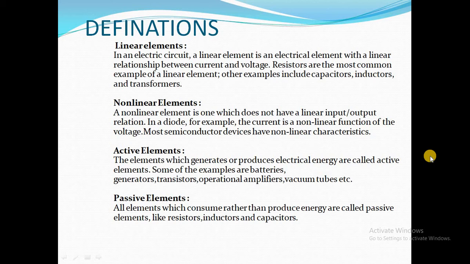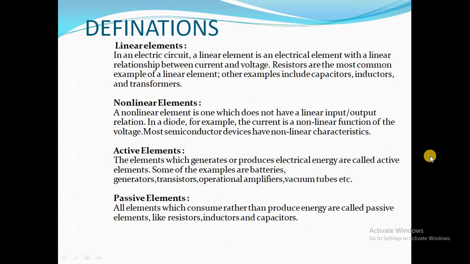Next is nonlinear elements. A nonlinear element is one which does not have a linear input-output relationship. In a diode, for example, the current is a non-linear function of the voltage. Most semiconductor devices have non-linear characteristics.